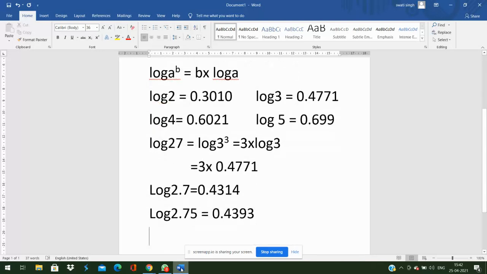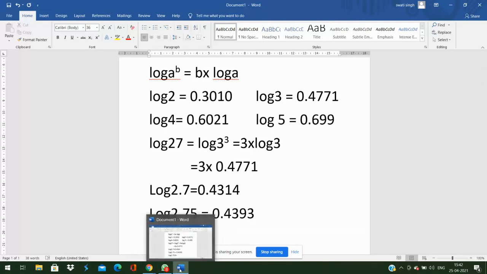Now suppose four digits are given. Up to four digits we can find the answer through the log table. So it's log 2.75. Again the same thing I am going to take, and here I increased one more digit, 3. Now four digits are there. How to observe its value? Till 2.75 we know it is 0.4393.